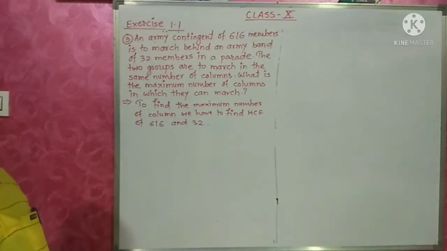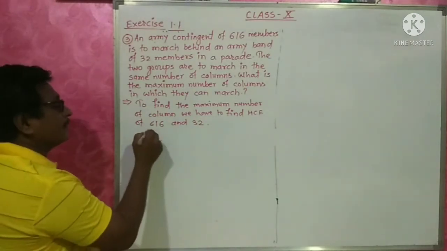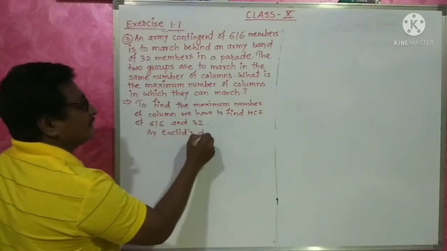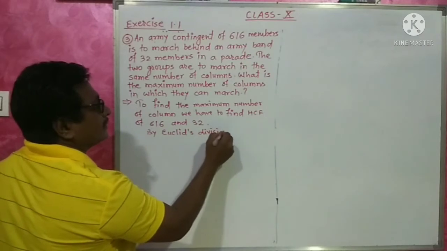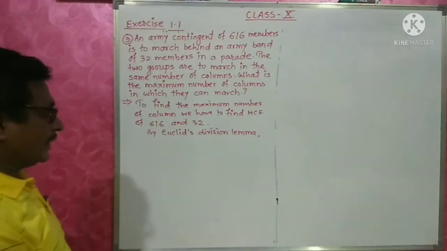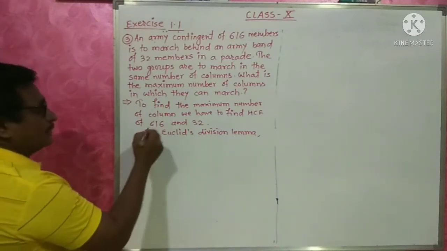So how to find it? By Euclid's division lemma. By Euclid's division lemma, the biggest number is a and the smallest number is b.